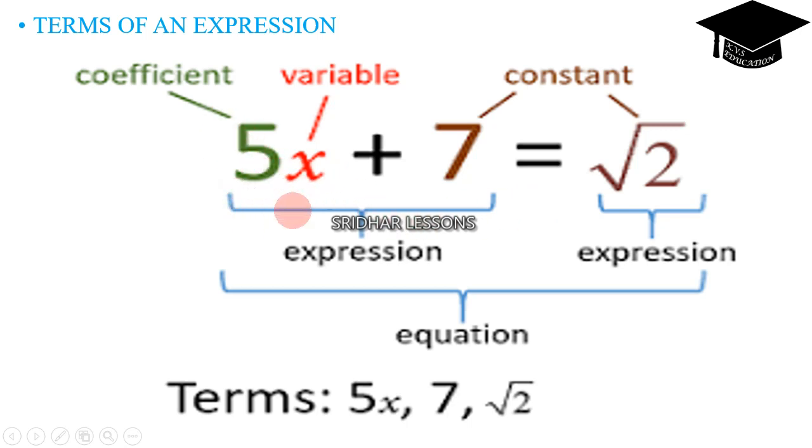This is known as an expression, and this is also an expression. Completely, 5x plus 7 is equal to square root of 2 is known as an equation. Here the terms are 5x, 7, root 2. See this picture carefully.